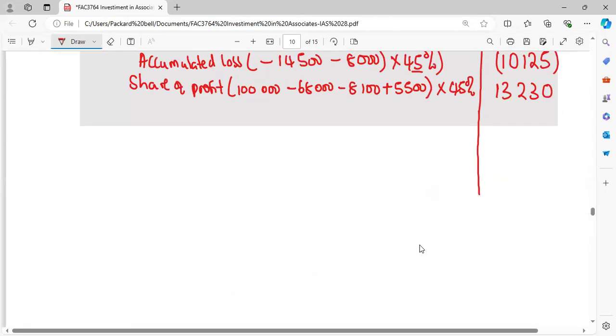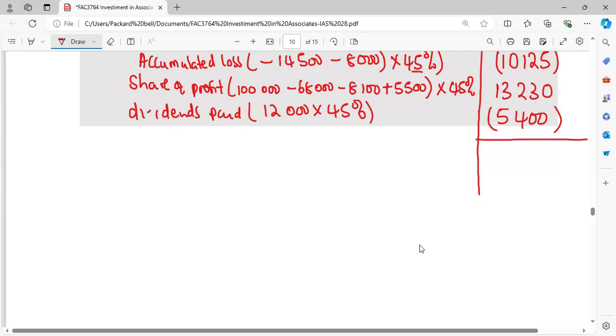So it's going to be 12,000 times 45%. How much are we going to have there? 5,400. This one is elimination.